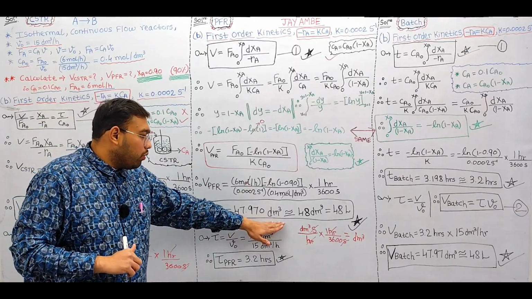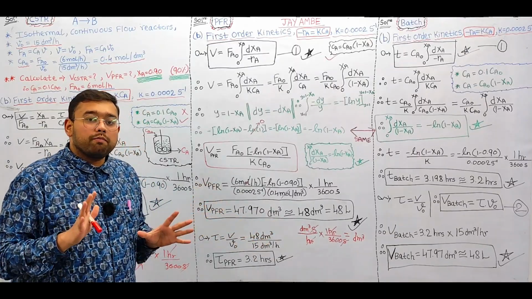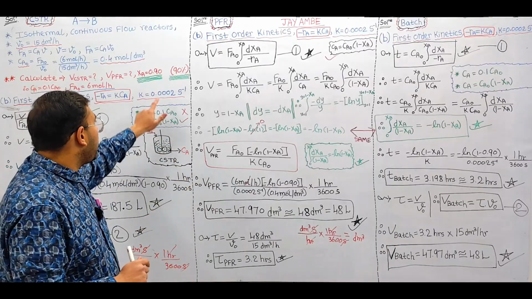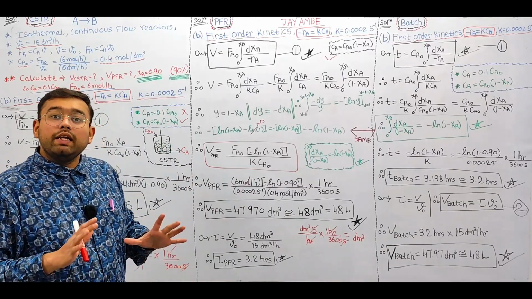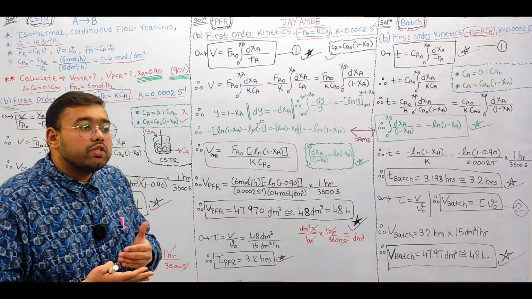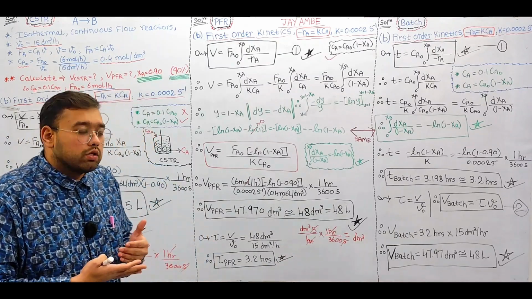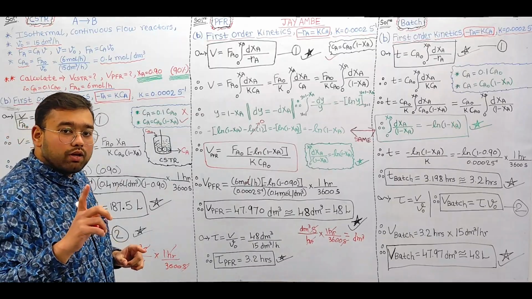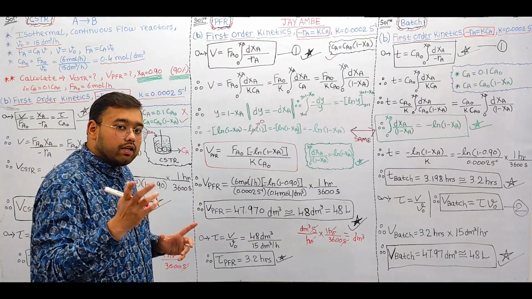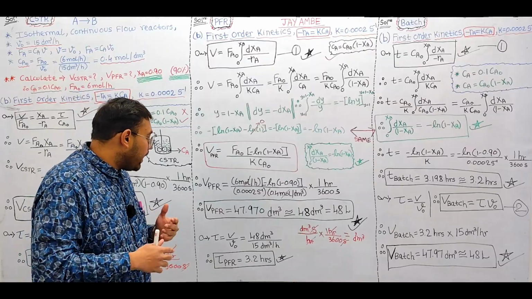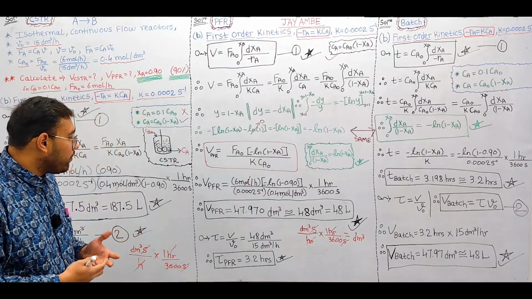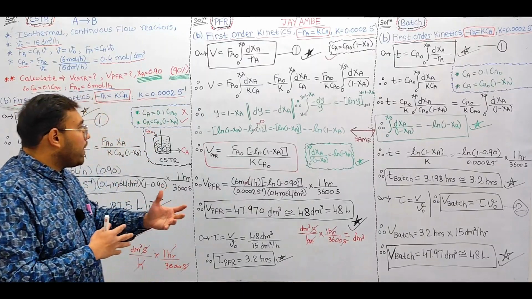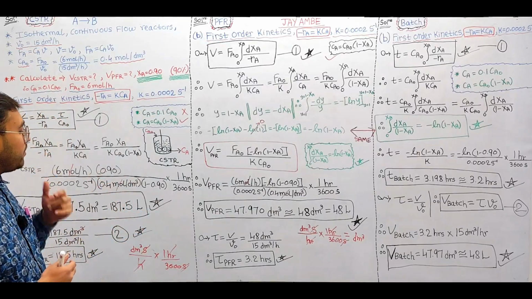Okay, now we know how large a volume of plug flow reactor is required in order to achieve 90% conversion. But we don't yet know how much time it will take to achieve the 90% conversion. So let's calculate how much time is required in comparison between the plug flow reactor and the CSTR.